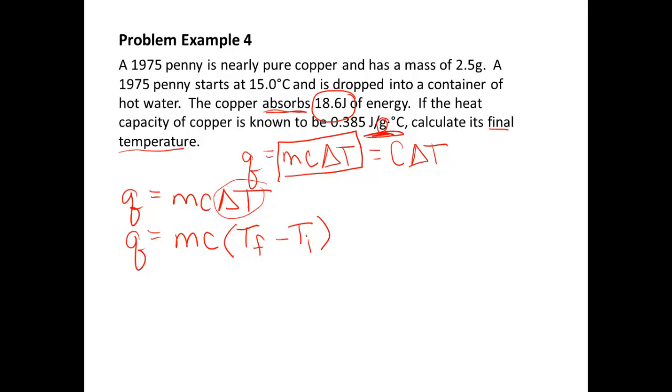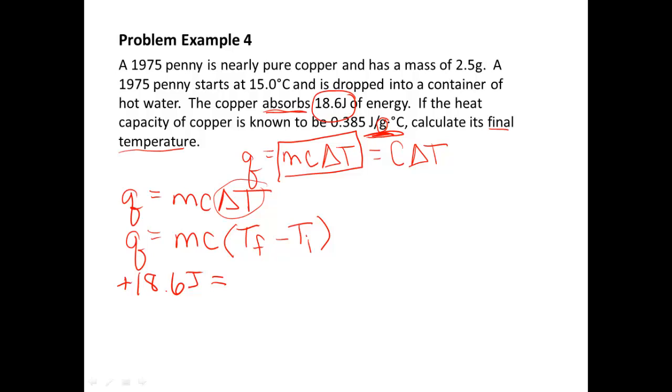So gaining energy would be an endothermic process, and this would be a positive number. So we have positive 18.6 joules as our value of Q. Q is always going to be given in joules. You could potentially see it in kilojoules or maybe calories, but it's always a unit of energy.